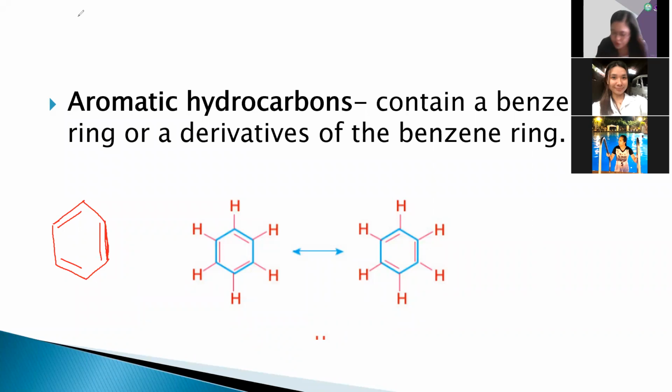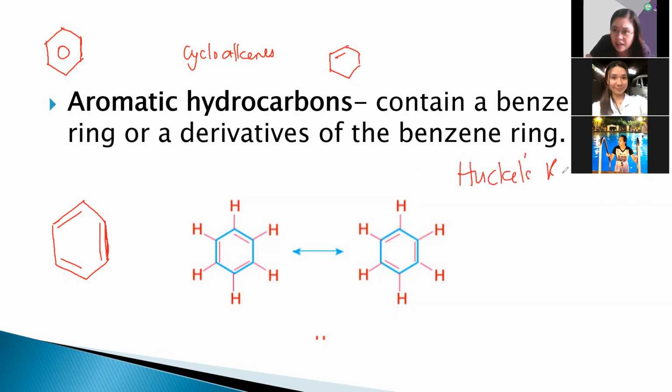Pero sometimes you have books and even in the internet, if you can see this structure with a circle in the middle, that is still class benzene. So that's the indication na meron siyang double bonds. Now, how do we differentiate aromatic hydrocarbons from that of the cycloalkenes? Because remember, the cycloalkenes also form a ring and then meron din siyang presence ng double bond. We use Huckel's rule to differentiate.